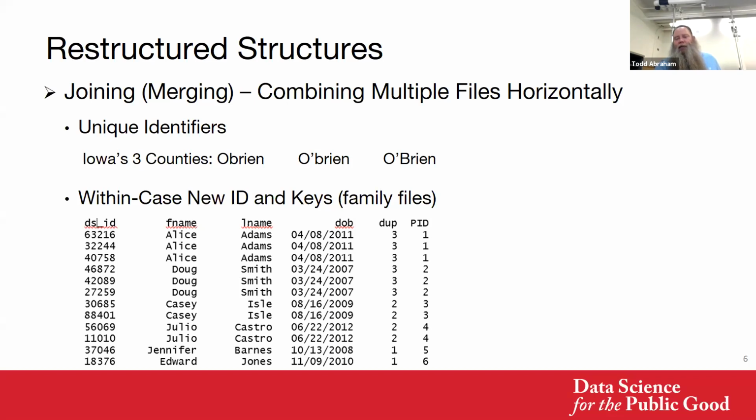And you can see that on the very right column, created a new person identifier that is now unique. There is one person, ID 1, that is Alice, one person that is unique, ID 2, and that's Doug, and so forth. That would then become a unique identifier with which we could join files across different instances of data.